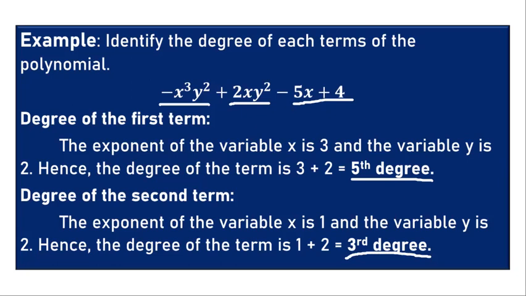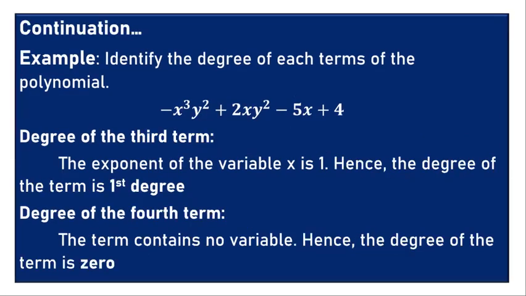Now let's proceed with the third term. The exponent of the variable x is 1. Hence, the degree of the term is 1st degree. So the third term is of the 1st degree. And for the degree of the fourth term, the term contains no variable.